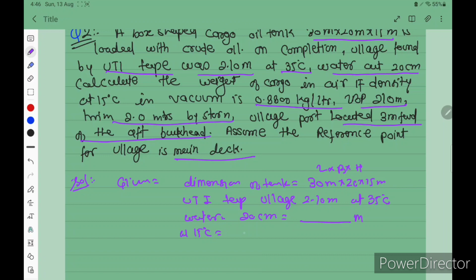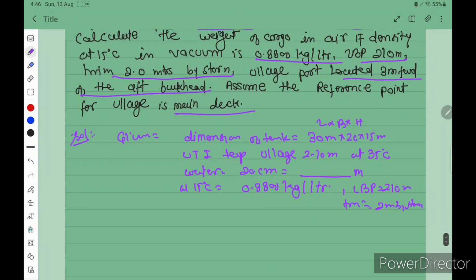Temperature at 15 degree, density is 0.8800 kg per liter. LBP was given 210, trim 2 meter by stern. Location of ullage: 3 meter forward of the aft bulkhead. Okay, so there is no list.